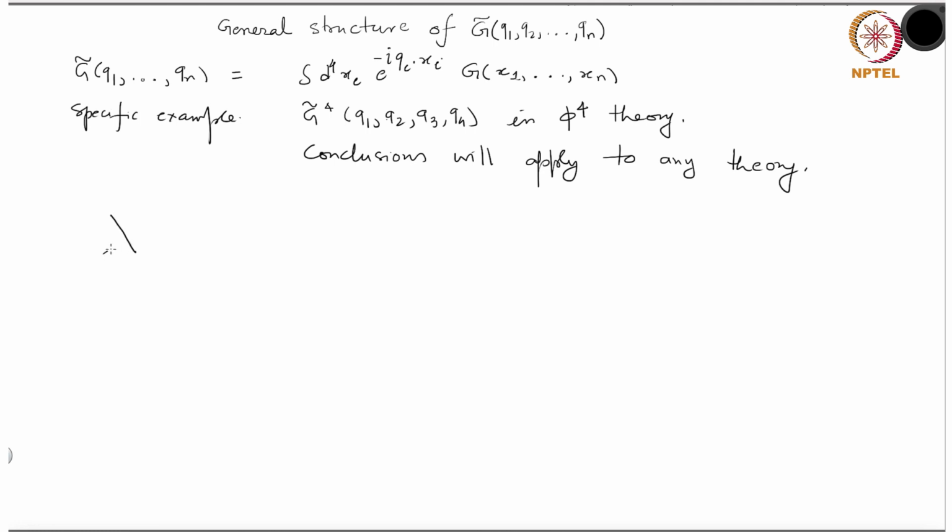So that's the lowest order diagram. Then we have this diagram, and then many others. Okay. Then we also have these kind of diagrams.